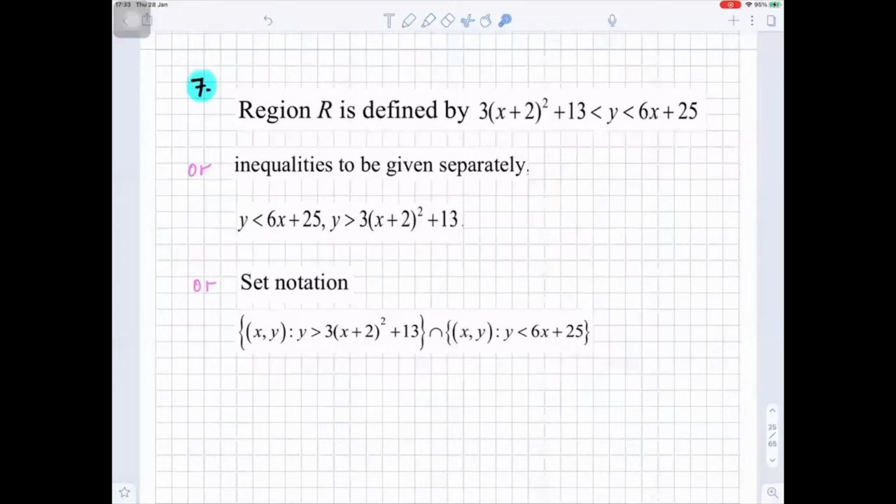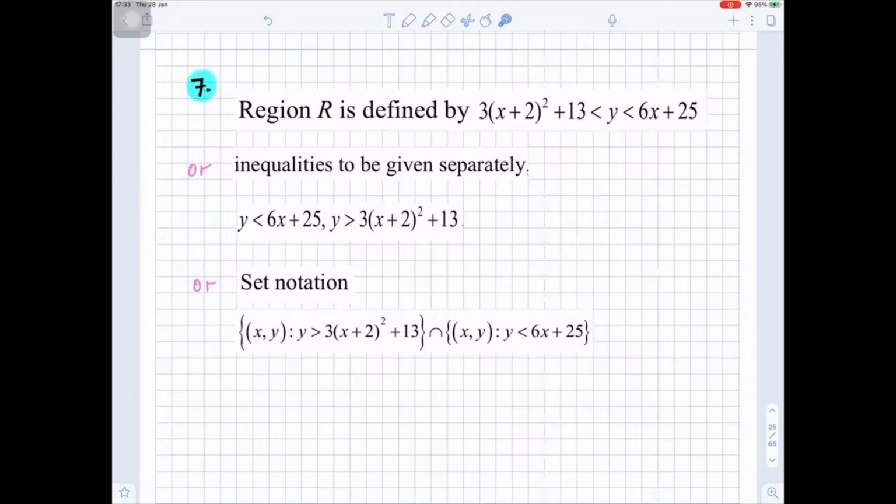So region R is defined by 3 bracket x plus 2 squared plus 13 less than y less than 6x plus 12. The less than means it is below the line. So it's between the curve and the line.